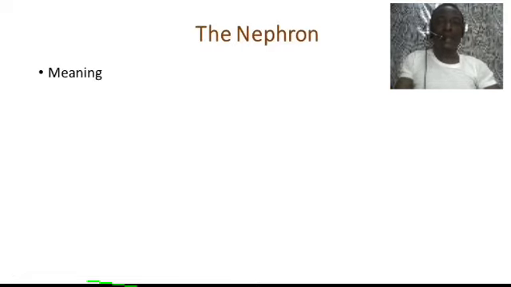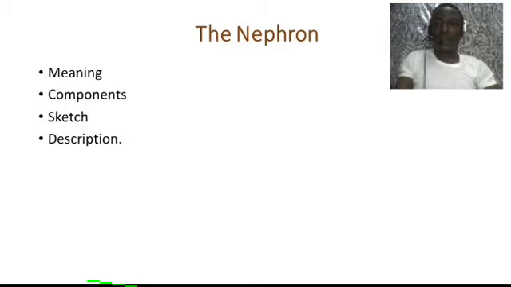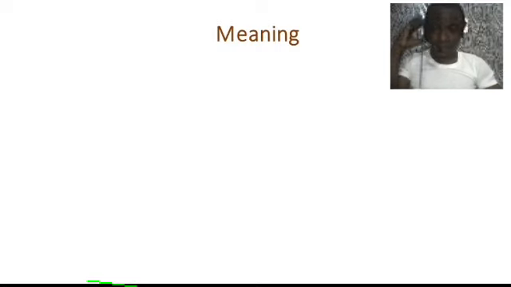Alright, we'll look at what a nephron is, the meaning of a nephron, the parts of a nephron. We'll make a rough sketch of the nephron, what it looks like, and we're going to explain or describe the various parts of the nephron, and then we'll classify nephrons into the various types. Alright, okay, ready? Yeah, alright.